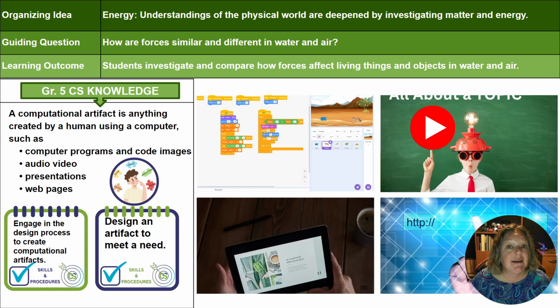So this could be an actual computer program or a block-based coding program, like they could make a game or something in Scratch, and that's going to hit these skills as well as all those ones that we see that are specifically connected to beginning to learn a block-based coding language. So again, something in Scratch demonstrating knowledge on another topic is hitting that topic as well as all of that CS knowledge and skills too.